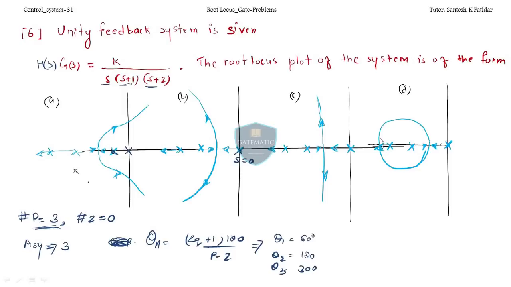Now tell me which one is following. This one is, isn't it? Over here you will have asymptote 1 at the angle of 60 degrees. Over here you will have asymptote 2 at the angle 300 degrees. Over here you have asymptote 3. So you can clearly observe here, one branch is going along this, one branch is going along this, and one branch is going along this. So only one option is there, and it is this one.